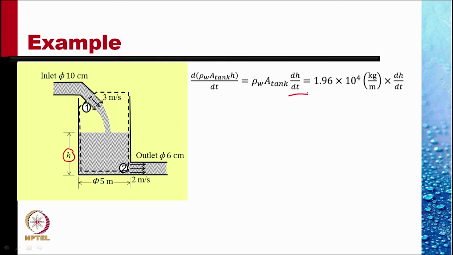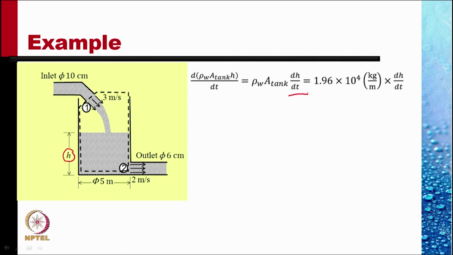This is the rate of accumulation of water in the tank. This should be equal to the net influx of water into the tank across the control surfaces. There is an influx across one and there is an efflux across the surface marked 2.